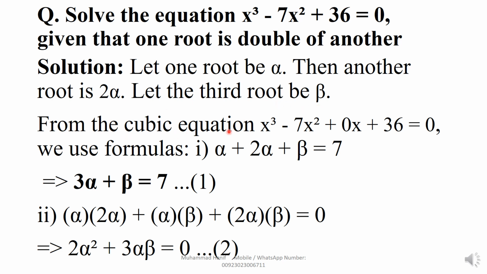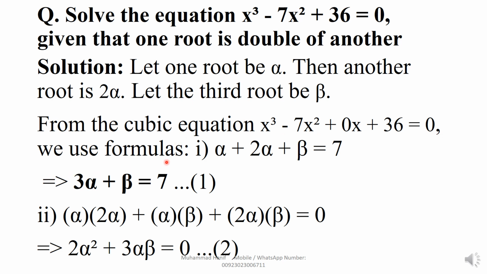From the cubic equation, you know this is x cube minus 7x square plus 0x, because here there is no x term given, then you write 0, plus 36 equal to 0.